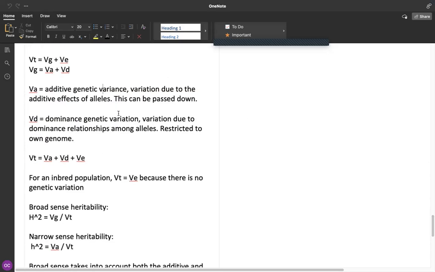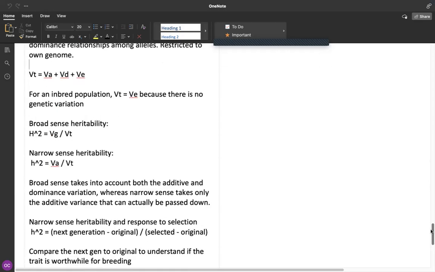So substituting the fact that genetic variation is the sum of additive genetic variance and dominance genetic variance, we can just substitute these in. So total phenotypic variation is additive genetic variance plus dominance genetic variance plus environmental variance.